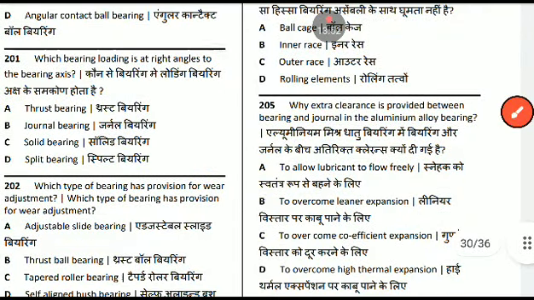Why extra clearance is provided between bearing and journal in the aluminum alloy bearing? Option A, to allow lubricant to flow freely.